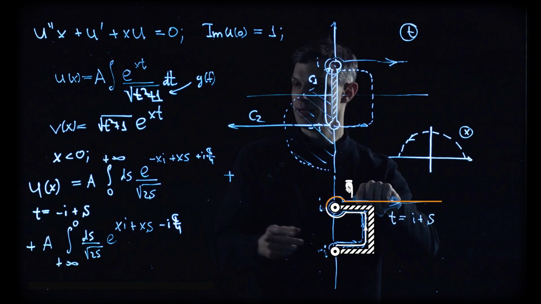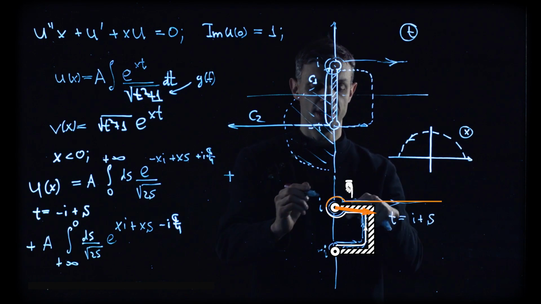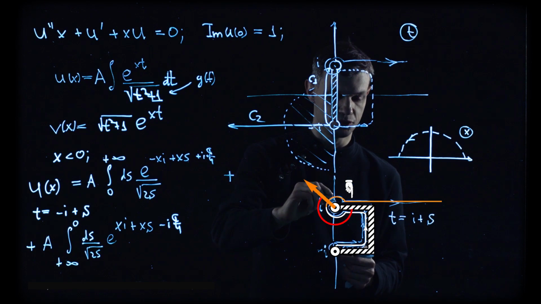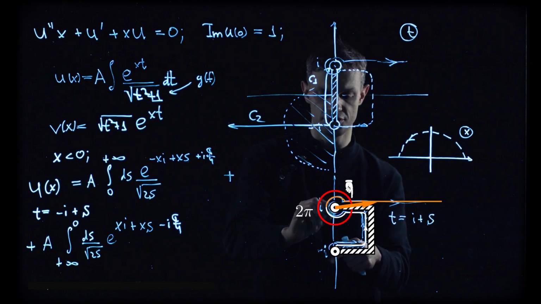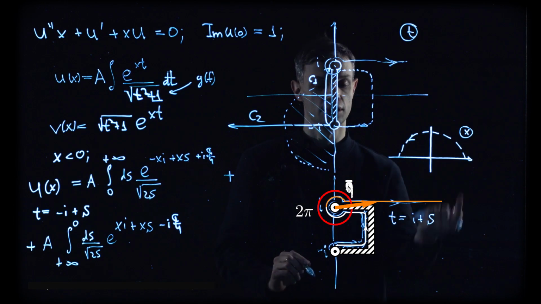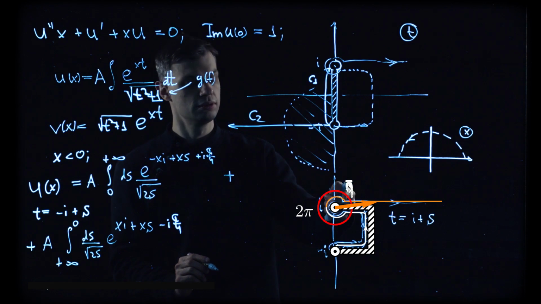And again, it's this t minus I factor which rotates by 2 pi from this direction, or 3 pi by 2 from the initial vertical direction, in the clockwise direction. So the change of the argument is minus 3 pi by 2.